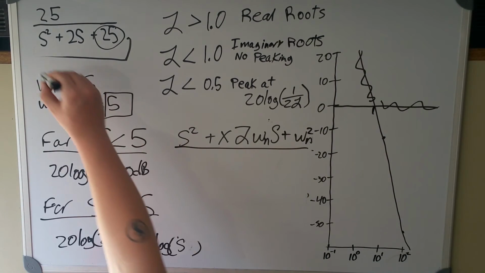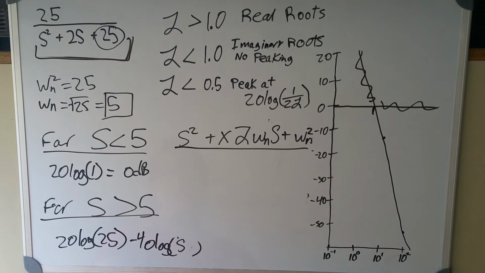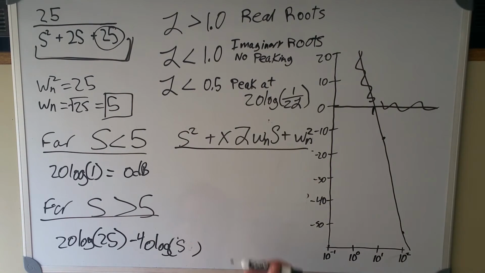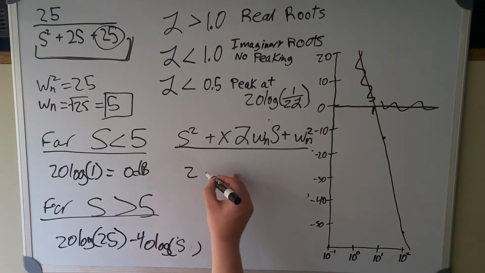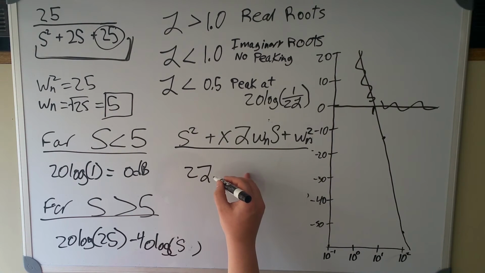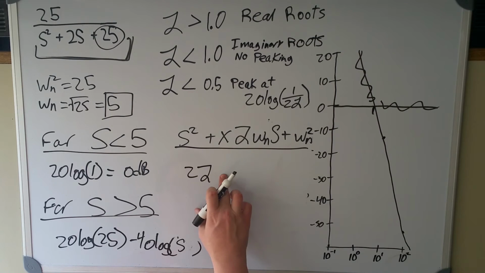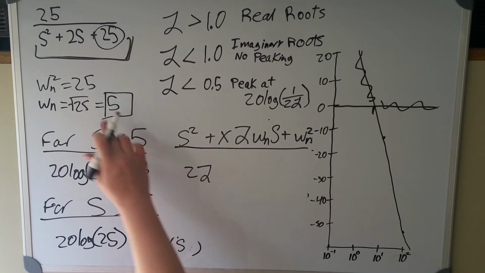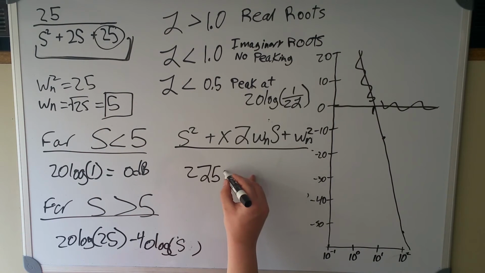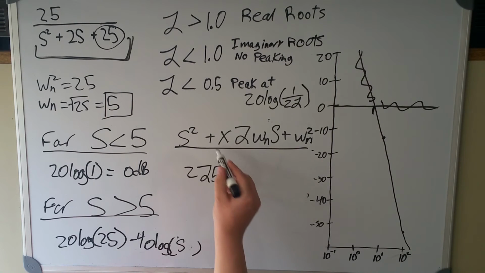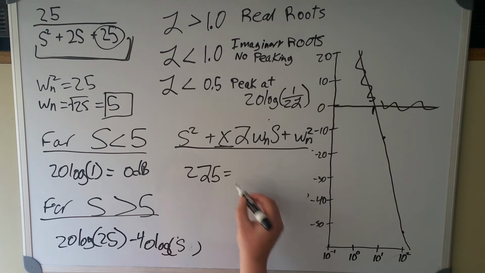This is the same form as up here, and from that we can find what zeta is. We do that by taking the coefficient 2 zeta Wn, where Wn is 5, and we equal that to this coefficient, which is 2.